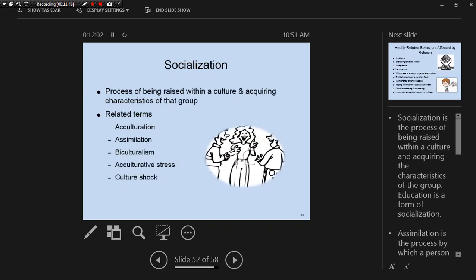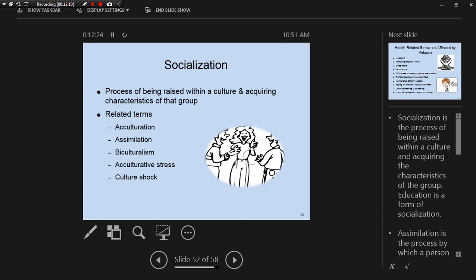Socialization is the process of being raised within a culture and acquiring specific characteristics of that group. There are specific related terms: acculturation, assimilation, biculturalism, culturative stress, and culture shock. Be a little bit familiar with those terms in relation to socialization.